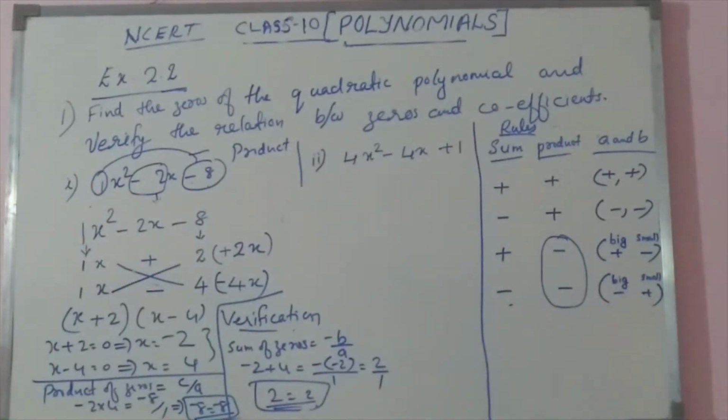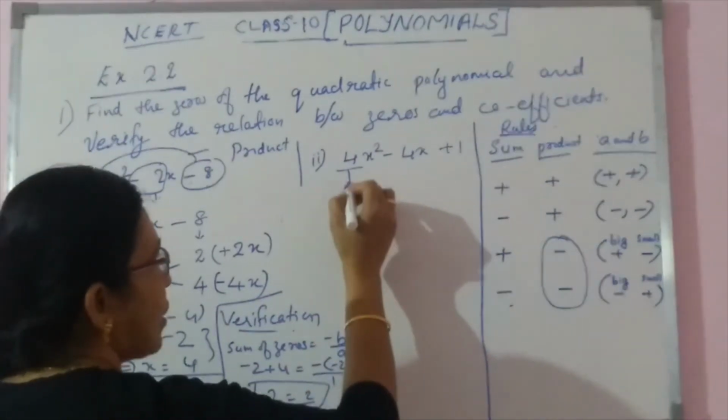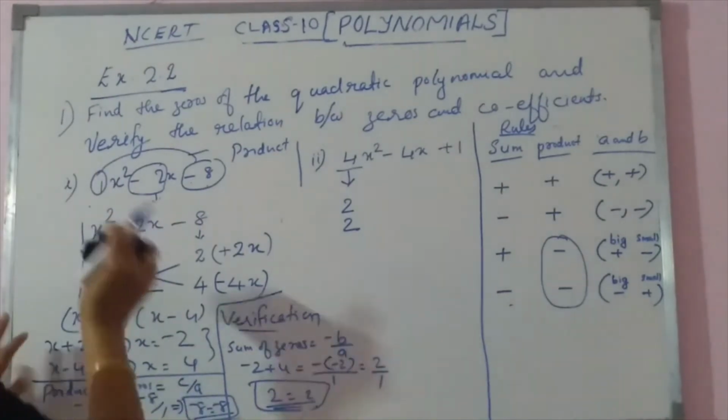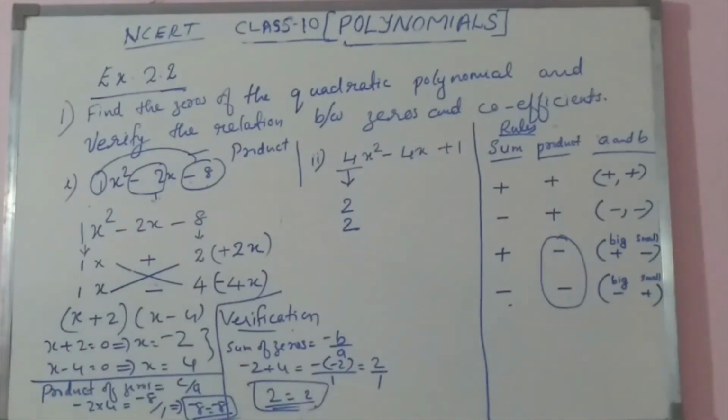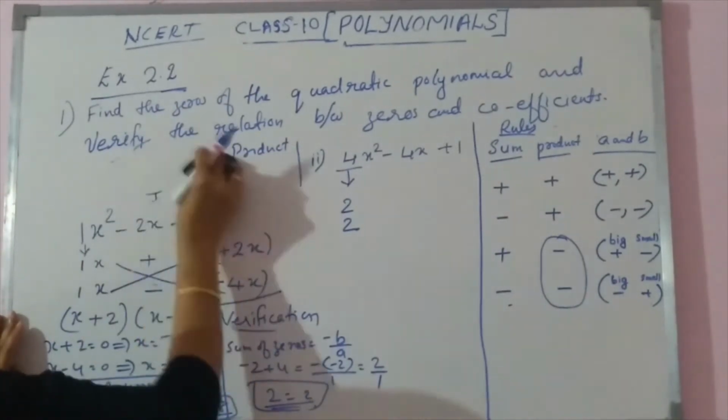The same method I am going to apply now here. Here for 4x square we can take 4, the factors of 4 are 2 and 2. So I am going to rub this question. Note it down while watching itself. You have to note down and you have to try. So I am going to erase this part.